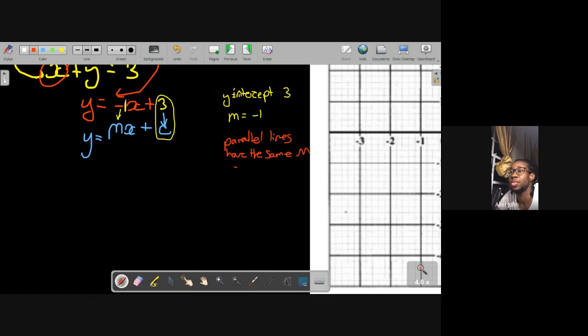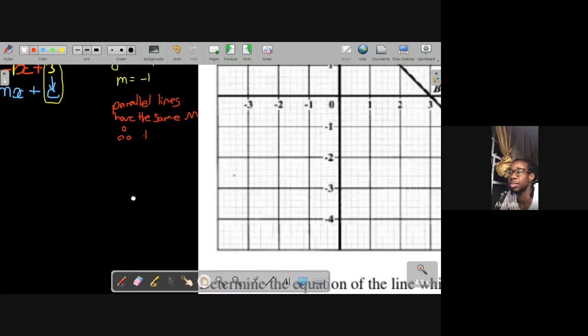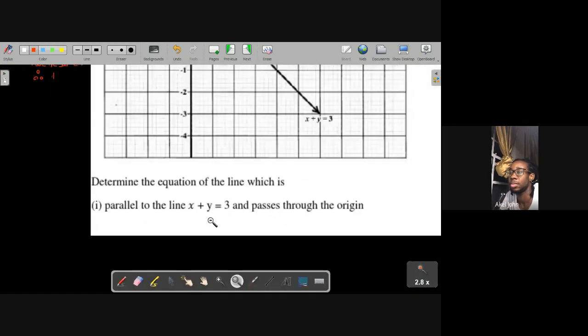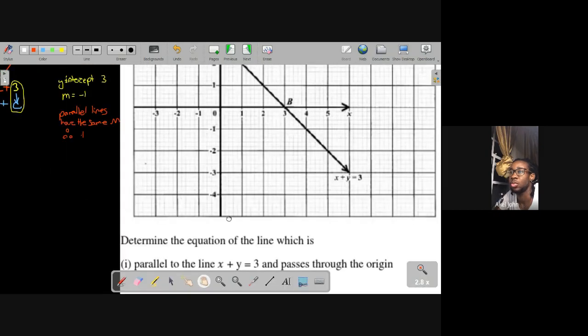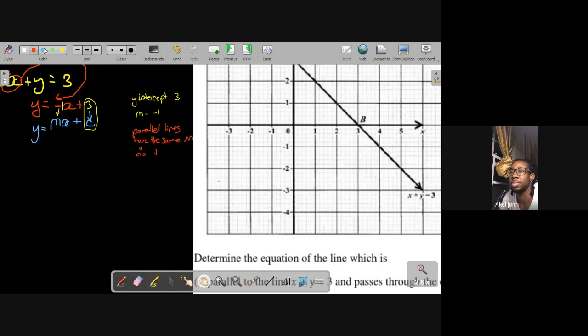So therefore, the gradient of the line they're referring to, that is parallel and passes through the point of origin, would be negative 1.